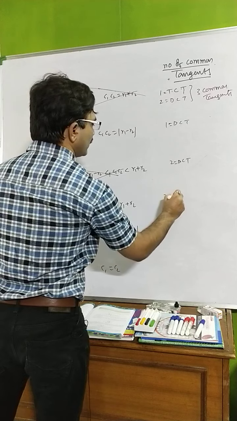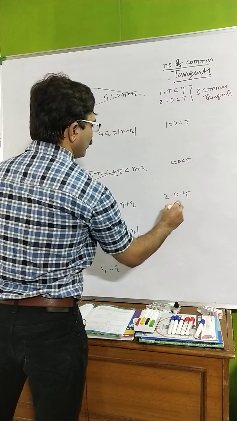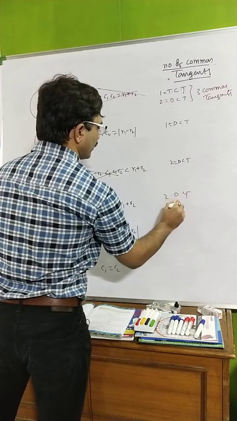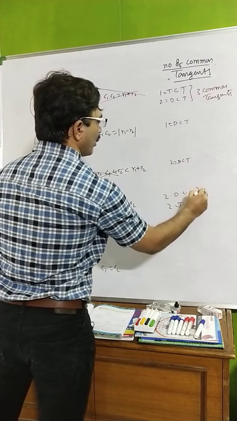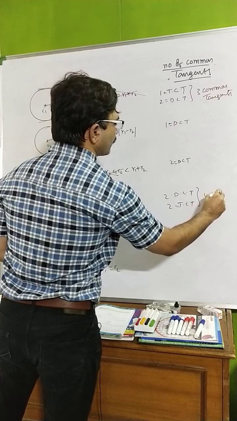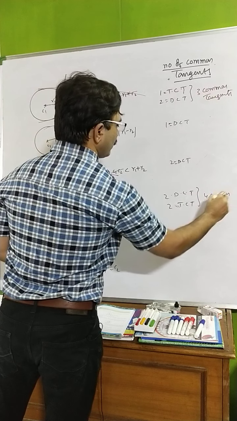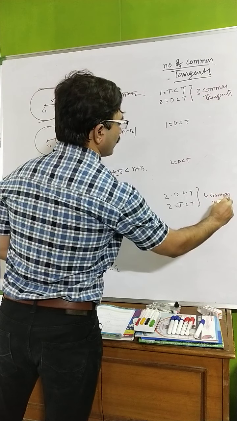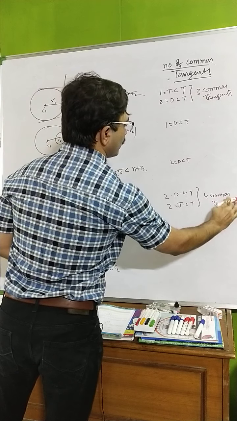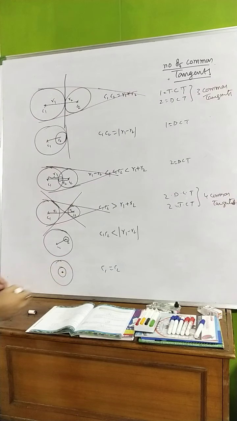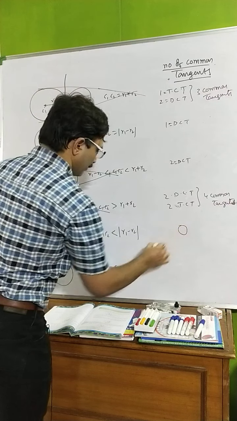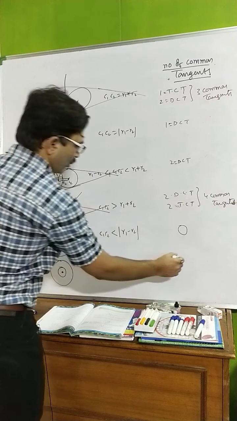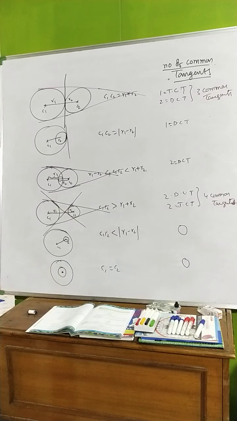So 2 DCTs and 2 TCTs, transverse common tangents and direct common tangents, overall how many? 4 common tangents. Four common tangents, you can say, right? Whereas in this case, 0. Whereas in this case also, 0 common tangents are going to exist here.